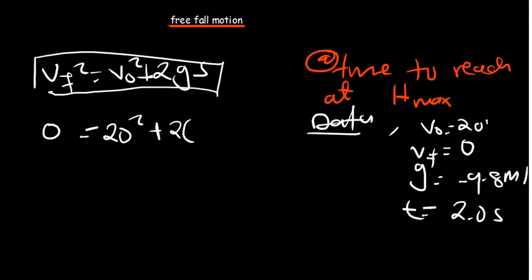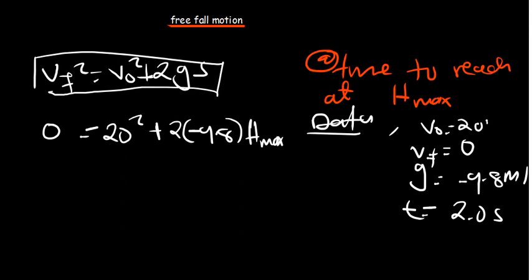Since I'm talking about the h max, I can replace x with h max, no problem, no one is going to penalize you. So I'll come here and replace this, and I'll say h max. Therefore I'm supposed to shift this guy to the other side, but it's going to be negative, so it's going to be negative 20 squared is equal to 9.8 h max.